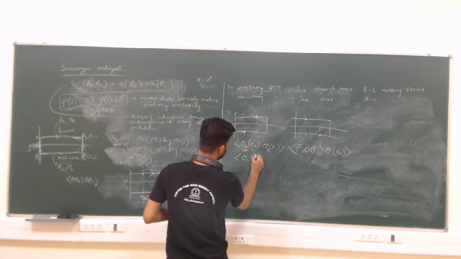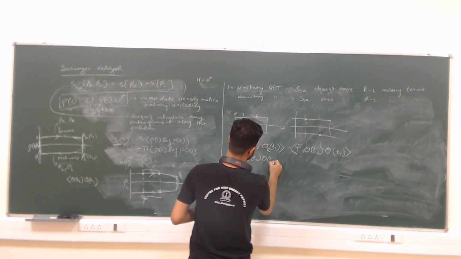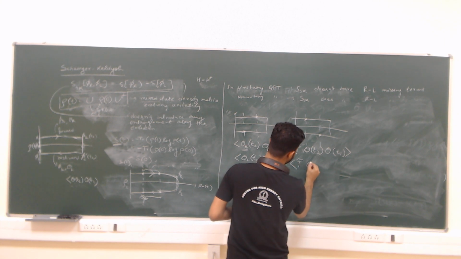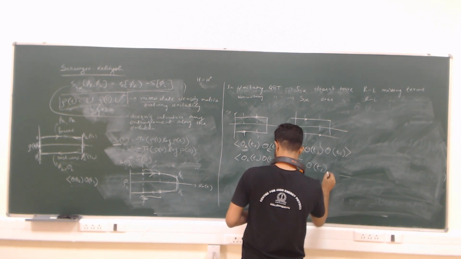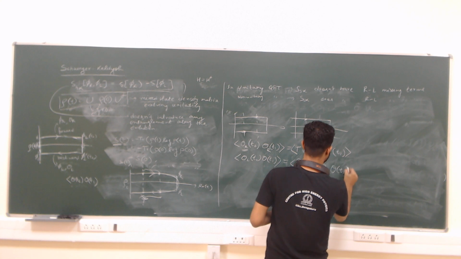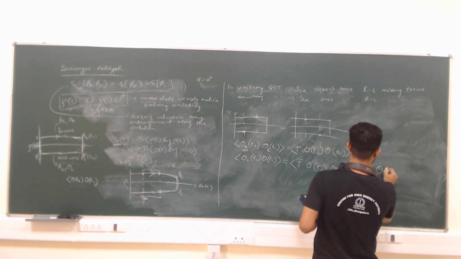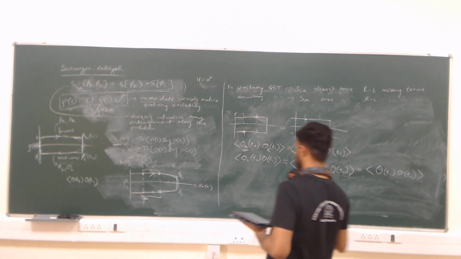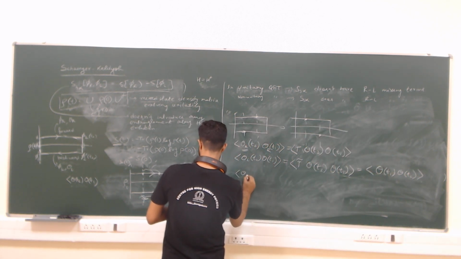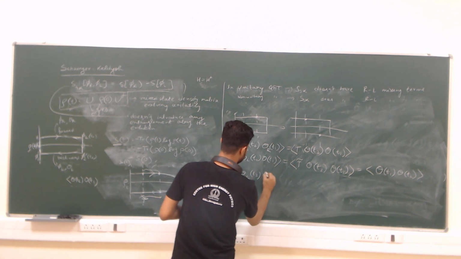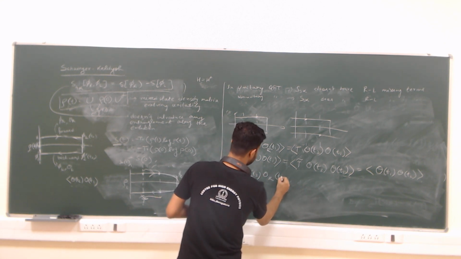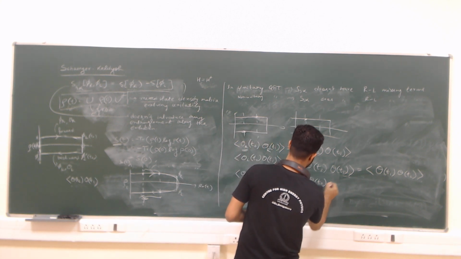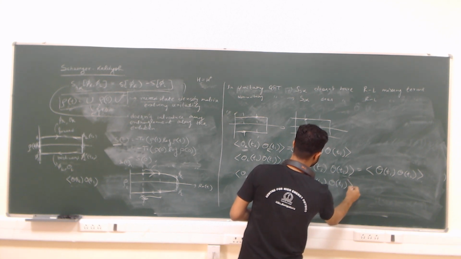If I have O at T2 and T1, this will be time ordered, and this will be anti-time ordered. And there will be other terms like LR correlations, which will just be non-time-ordered correlations.